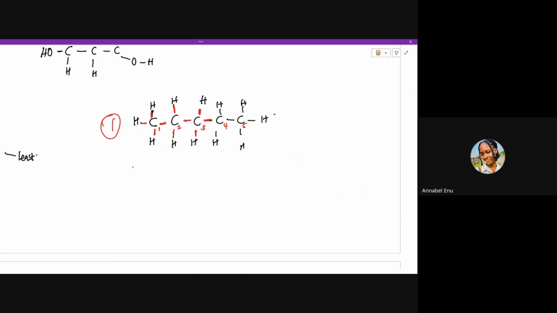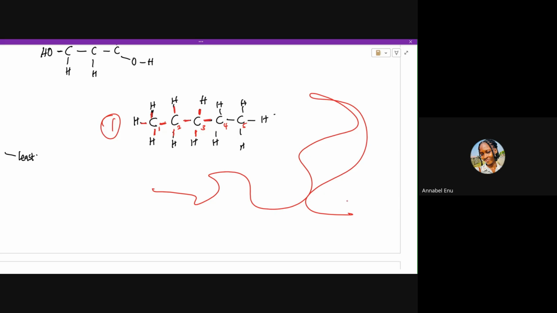The longest carbon chain, that is the longest continuous, not only the longest, but the longest continuous. The longest continuous can be going like this, provided it's the longest and it's continuous.